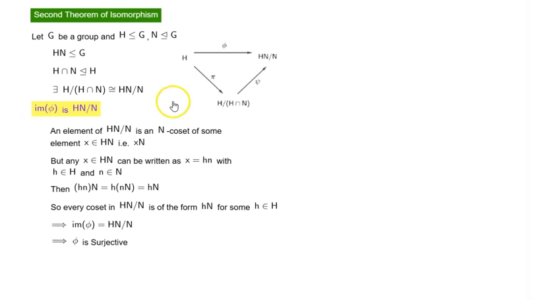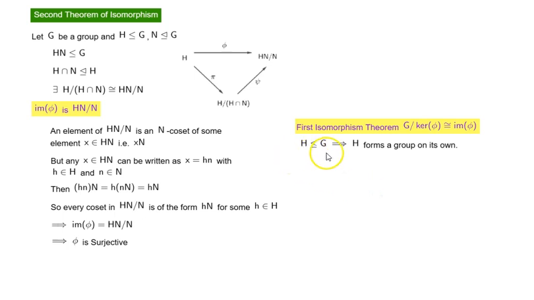And we have shown that HN by N is the image of phi. So our first isomorphism theorem then guarantees us that this isomorphism exists. How? So let's see. H is a subgroup of G, implies H forms a group on its own. Kernel of phi is equal to H intersection N. Image of phi is equal to HN by N.